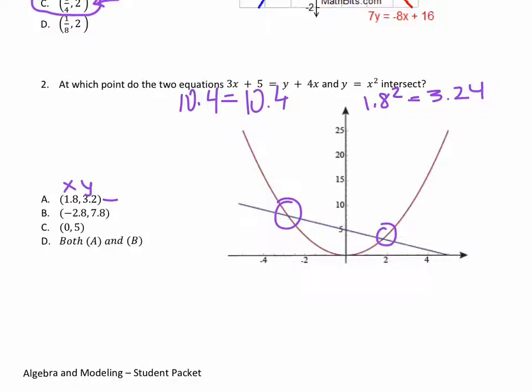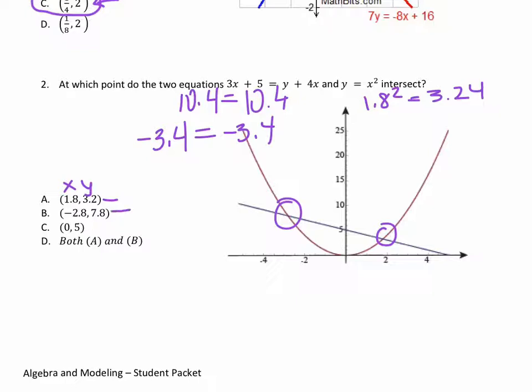So 3 times -2.8 is -8.4, plus 5 is -3.4, equals, and then I have 4 times x, which is -2.8, is -11.2, plus the y, which is 7.8, which gives me -3.4.